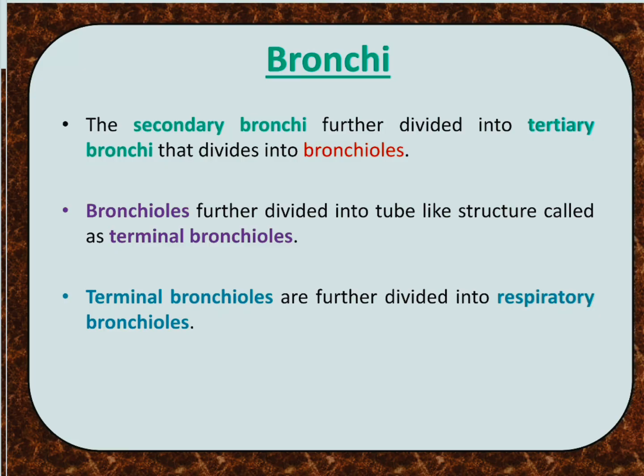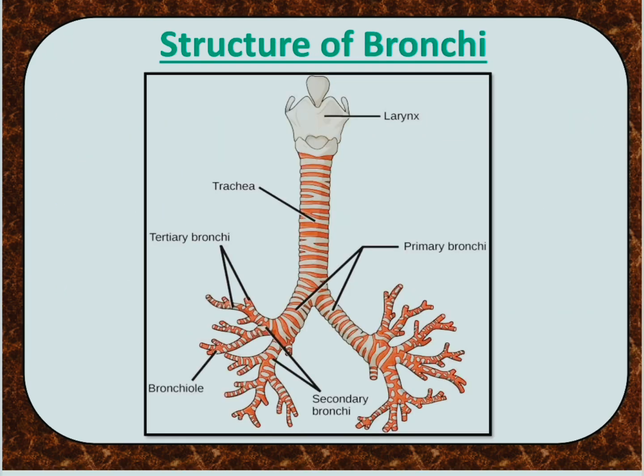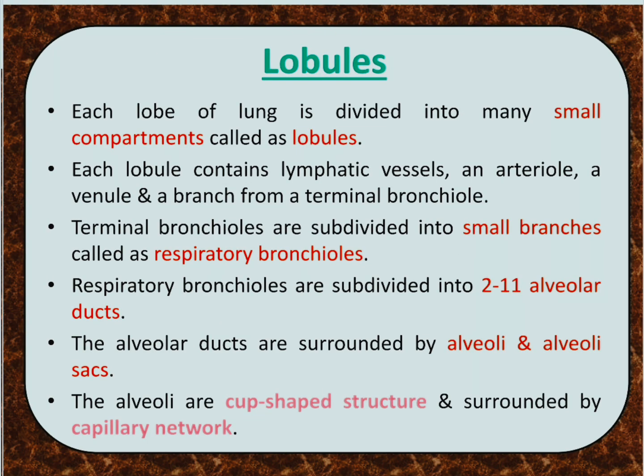Terminal bronchioles are further divided into respiratory bronchioles. So in this diagram you can see the primary bronchi, secondary bronchi, further divided into tertiary bronchi and bronchioles.